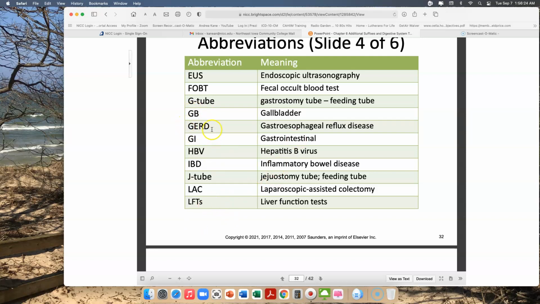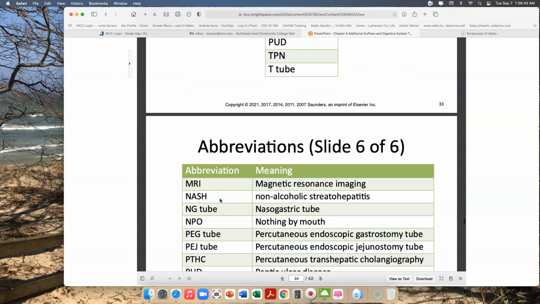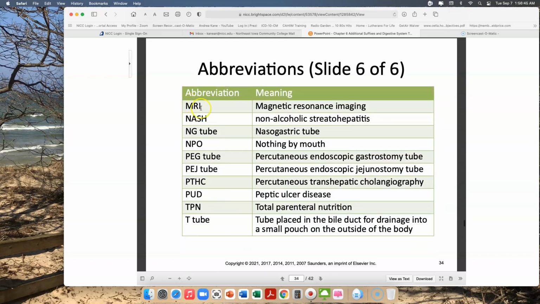GERD is a very common one. You'll see GI is very common. IBD, if you work for a GI doc, you might see that one, or you work with patients that have that, you could see that. MRI obviously is a very common one.